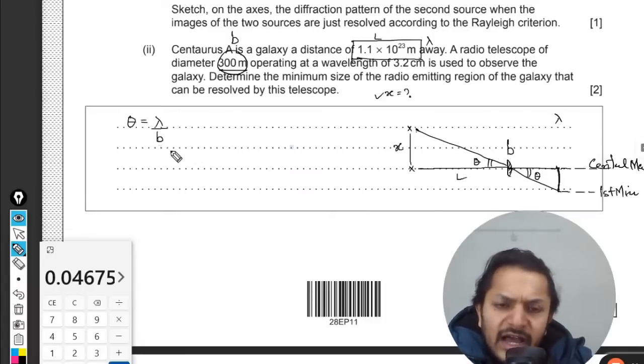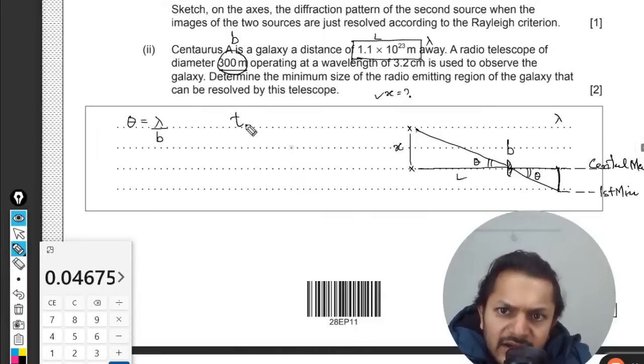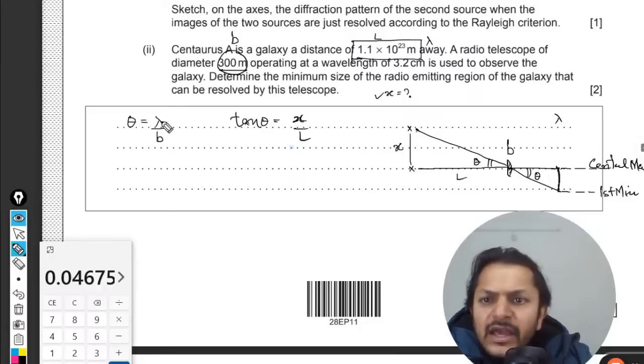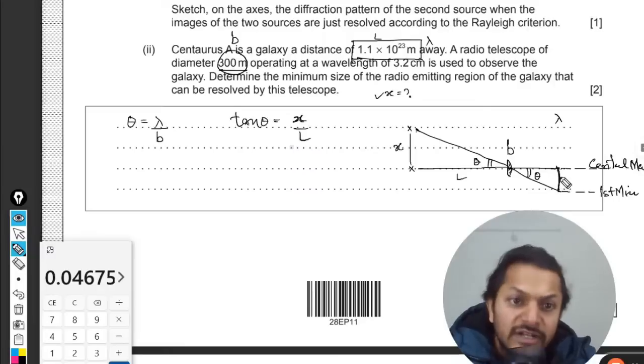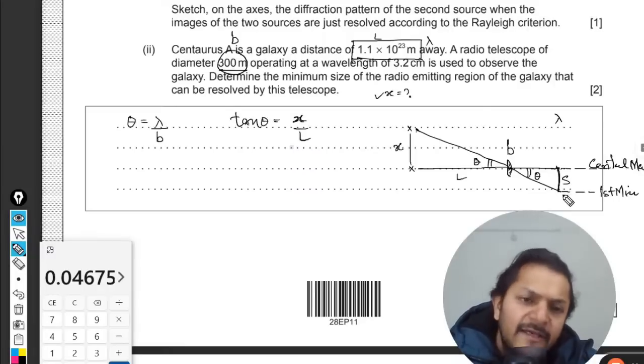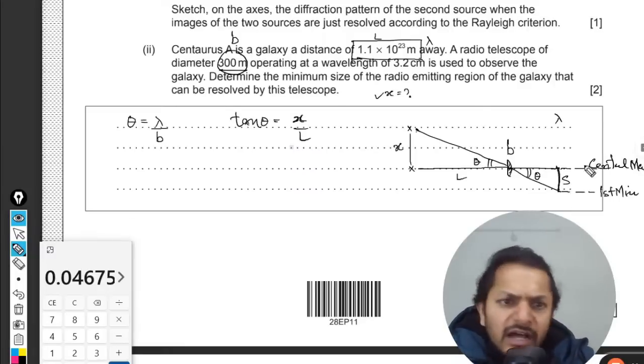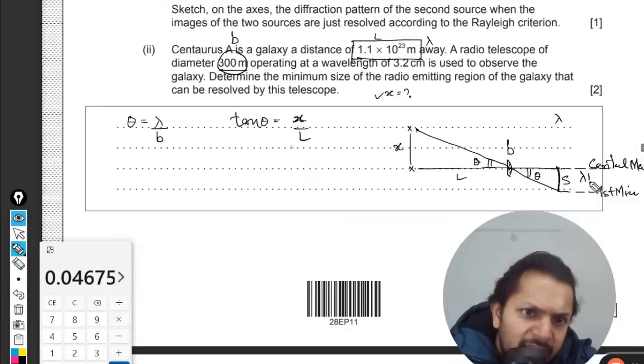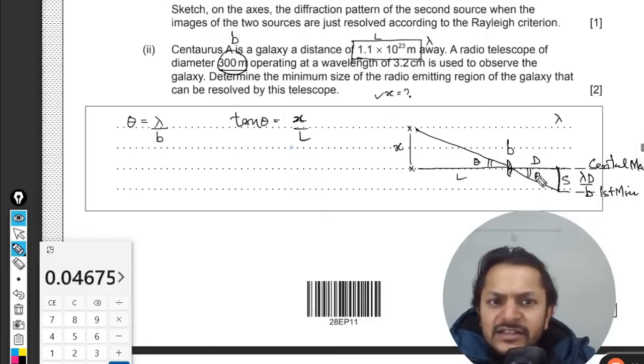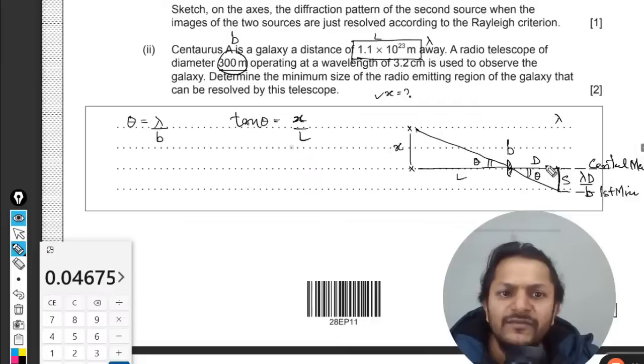And this theta can be taken from the bigger diagram also. Tangent theta is x divided by L. Here also in the smaller triangle you can say this is the fringe spacing S, and this will be lambda d by small b, and this is usually capital D. So when you find the tangent theta here, this capital D will be getting cancelled out.